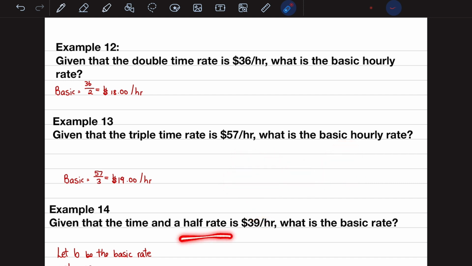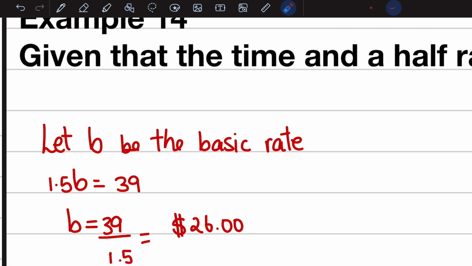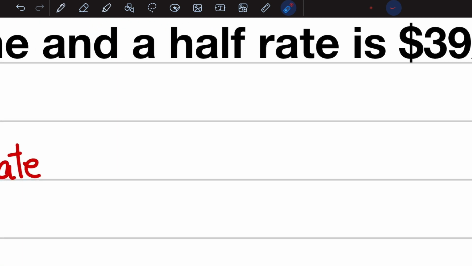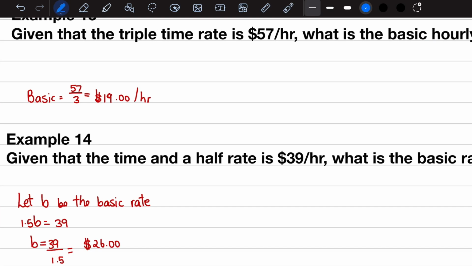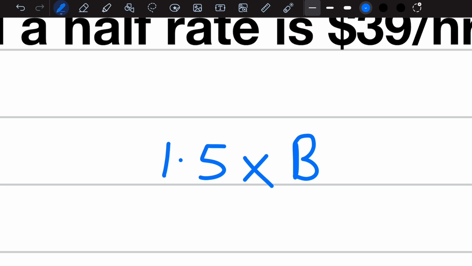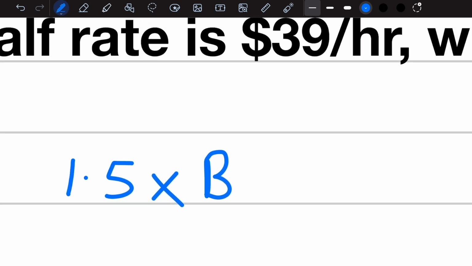And then time and a half. So this is the one that might give you a little trouble. So let's do this one. So why do we have 1.5 basic? One and a half multiplied by the basic rate will give you $39 per hour.